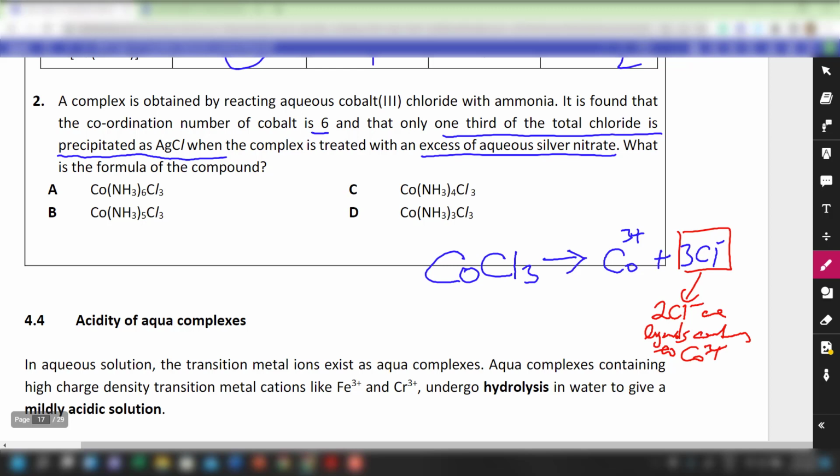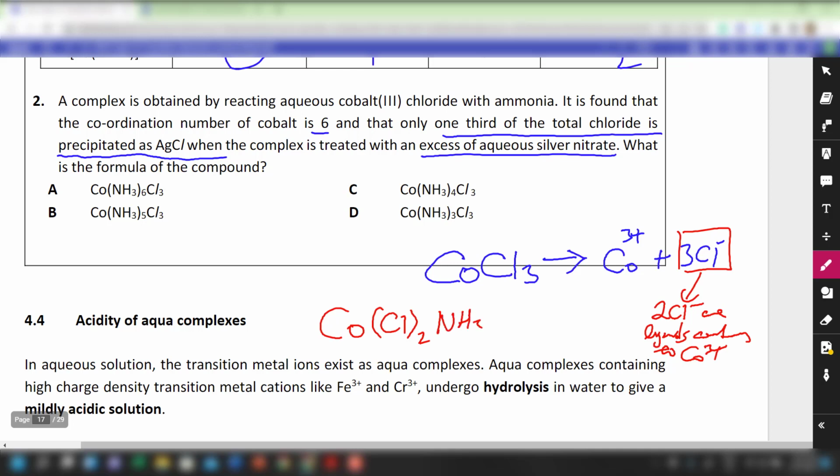So if 2 chlorides are part of the complex, that means my complex must have 1 cobalt, 2 Cl. I'm writing it in a very ugly fashion, but it doesn't matter, because at the end of the day we want to solve the question first. So we have 2 chloride ligands, as well as 4 ammonia.